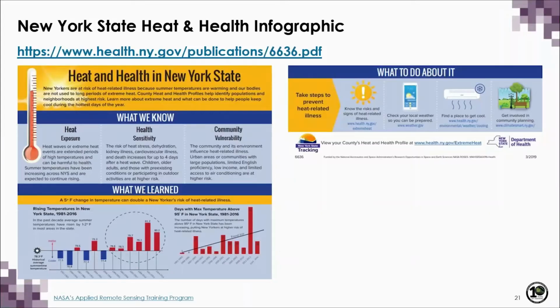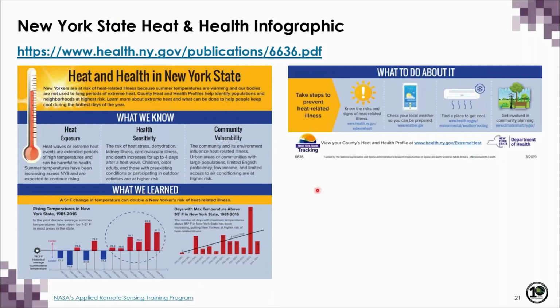Since we're a state public health department, it is important for us to translate our findings into easily understandable information that can be used by lay people to protect their own health, and for the community or local health departments to use it to inform their public health actions. And this slide shows some infographics that were developed from this project, and these are all available for download from our website, and we also make it available to the local health departments.